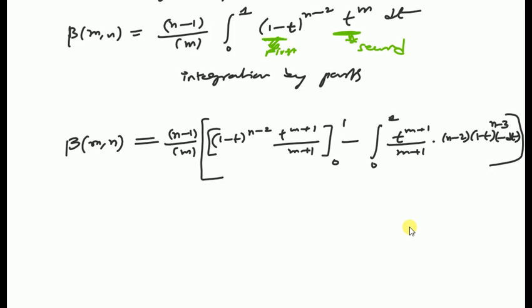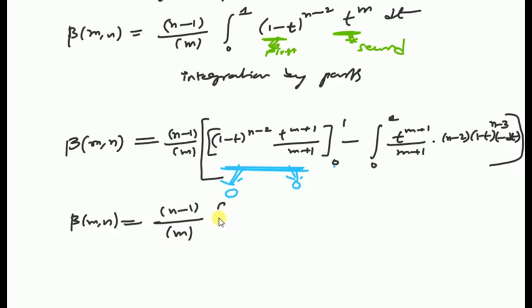Now as usual, previously I said, what happens here, if I substitute the upper limit, in this place 1 minus 1 will come, it will become 0. If I substitute the lower limit, in this place 0 will come and this will become 0. So finally what I am left with, beta mn will be equal to n minus 1 by m, that entire thing will be 0.